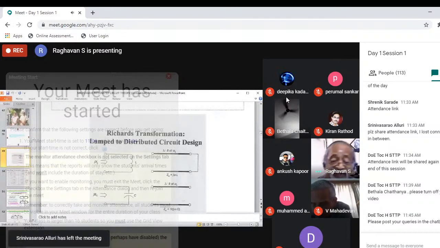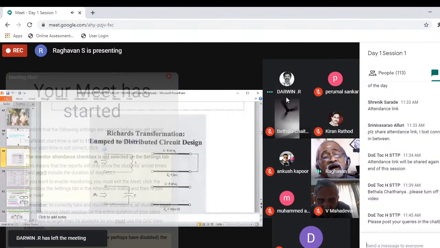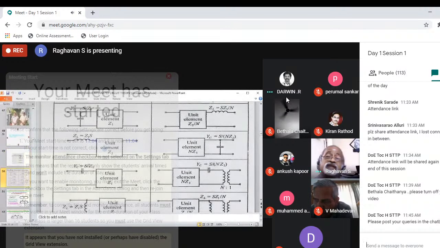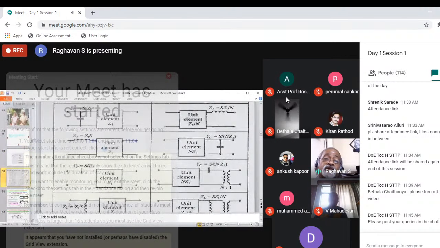So this is how we get the stub method of getting L and C. I already showed that high impedance and low impedance lines are another method of getting L and C. And this is called the Kuroda transformation.